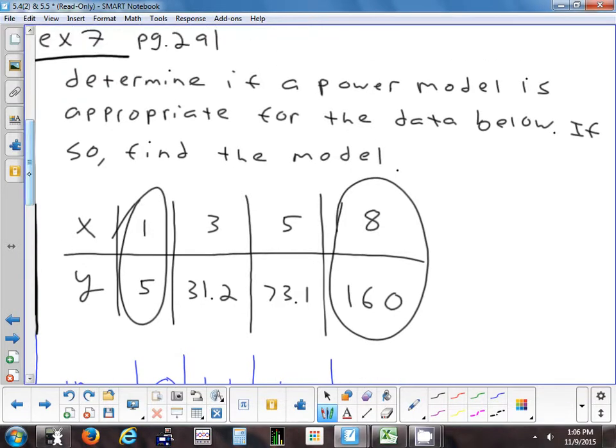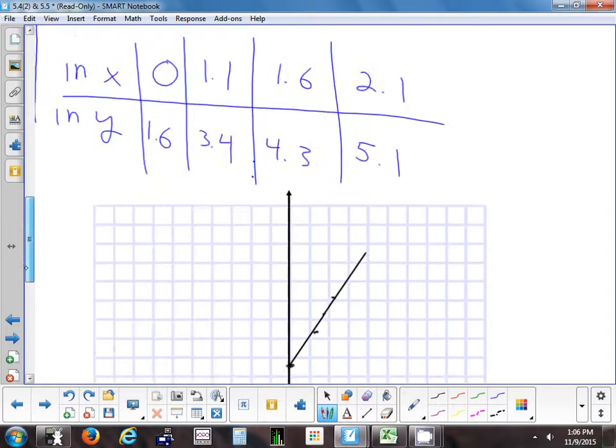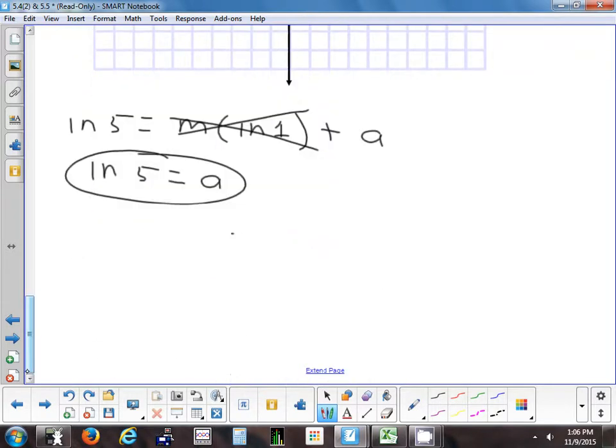All right, so this is going to be x is 8, y is 160. All right, first thing I can do to get m by itself would be what?